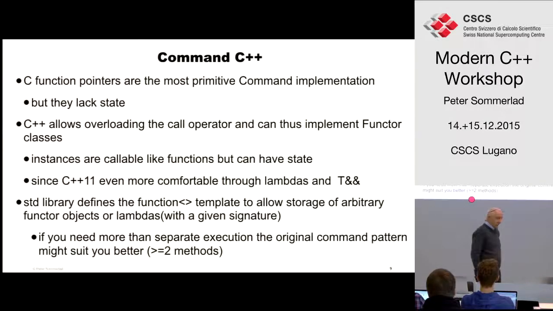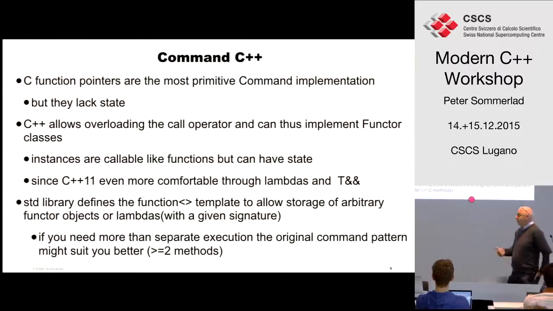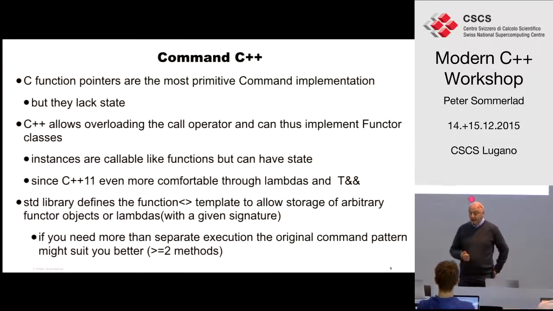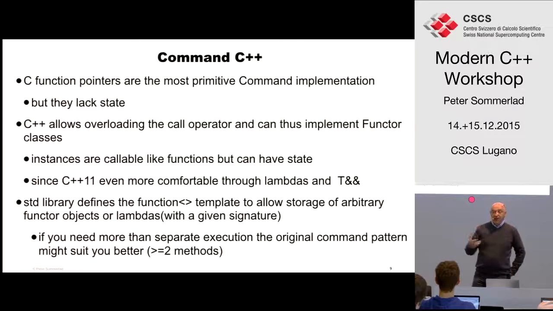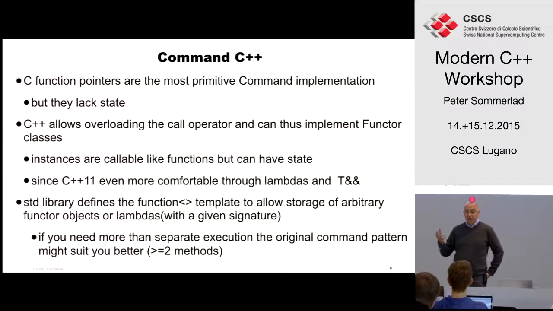So in C++, we have what we've got in C, function pointers. They usually lack state, but we can overload the call operator, or we can use a lambda object to actually have instances that are callable like functions. So you have data that we can pass around and call like a function, and that way we can call out to things.